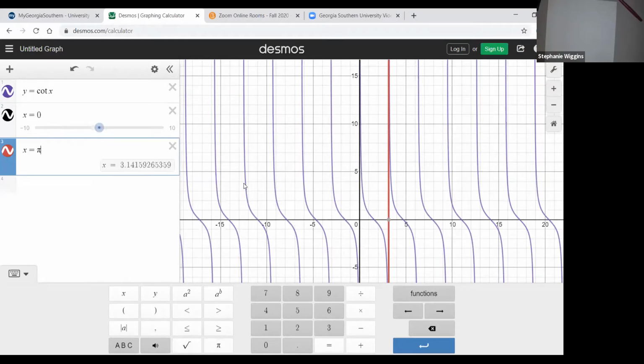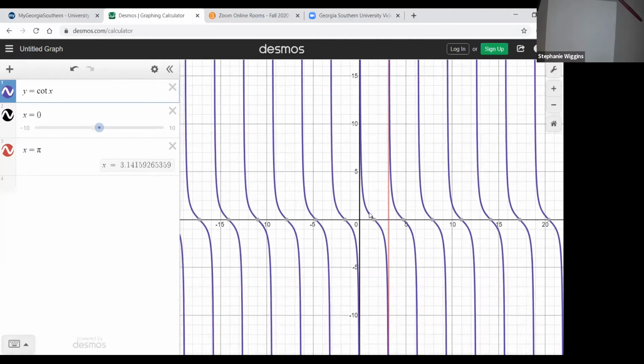But because of the behavior, notice we don't really have an amplitude, right? But what happens is these points, like say here at 1, right there, I'm trying to zero in on that point.